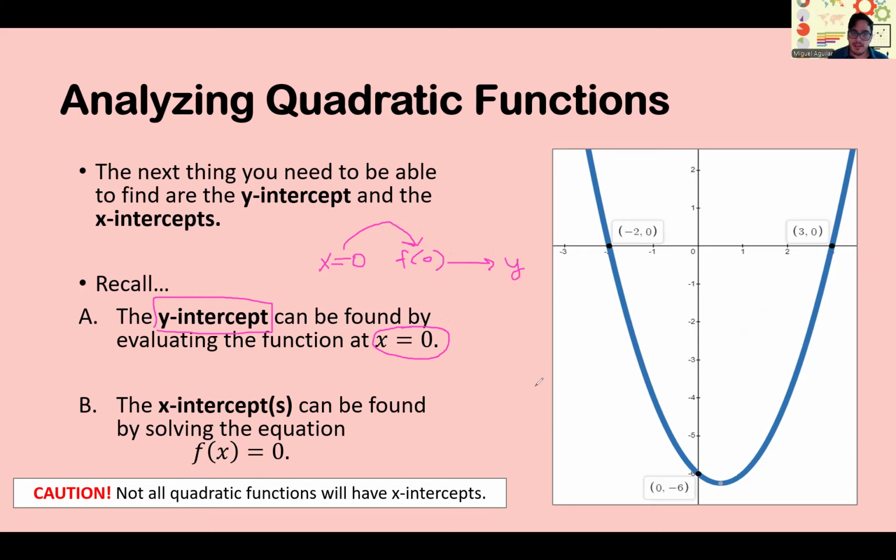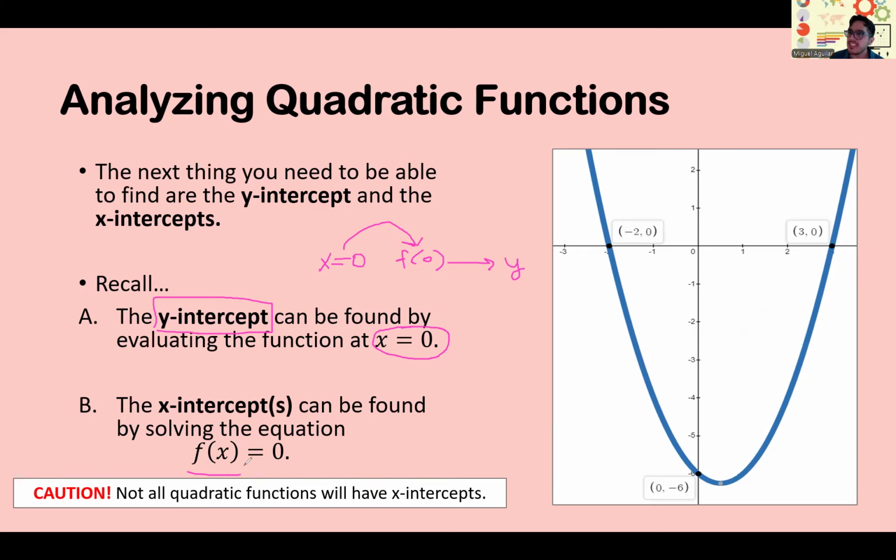Okay? And we'll see that in a second. Then we had this definition when we were looking at linear equations that x-intercepts always have a y value of 0. But since we've switched to using function notation, f of x, we don't have y's in our equations.